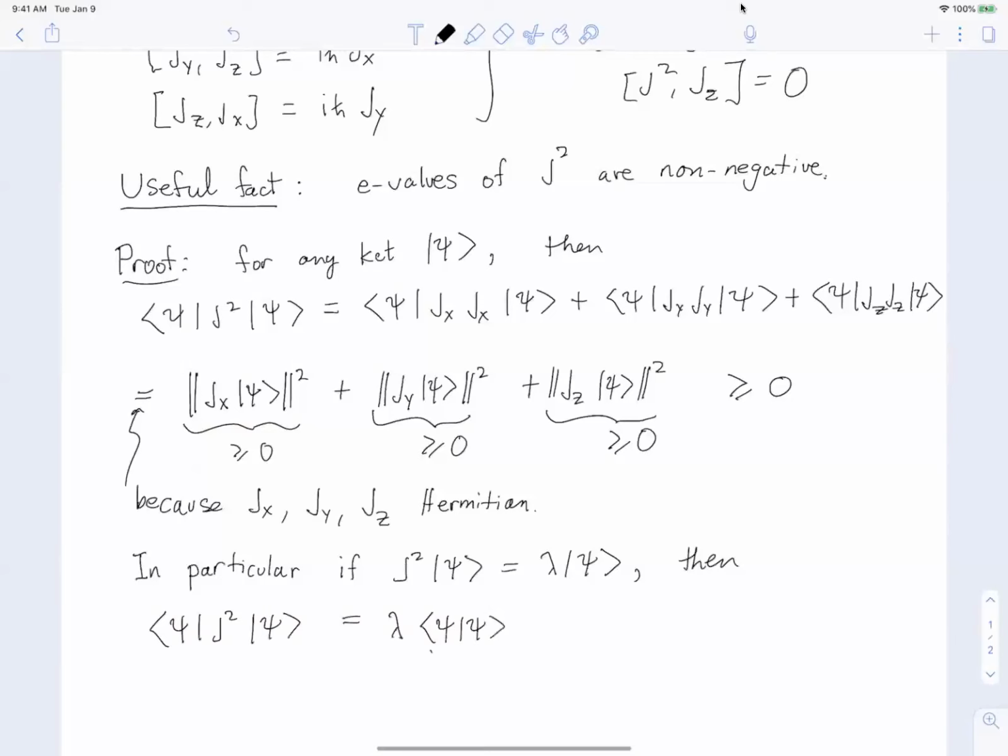The norm of psi is always non-negative, and so this is greater than or equal to 0. That tells us that lambda must be also.